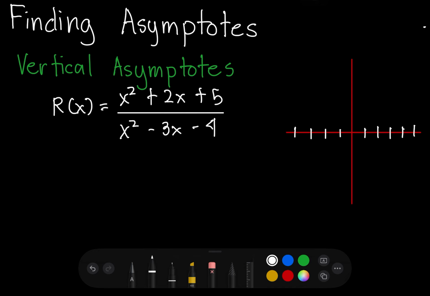So, for example, we have 5x squared over 3 plus x. On that case, that is equal to r of x for it to be a rational function.